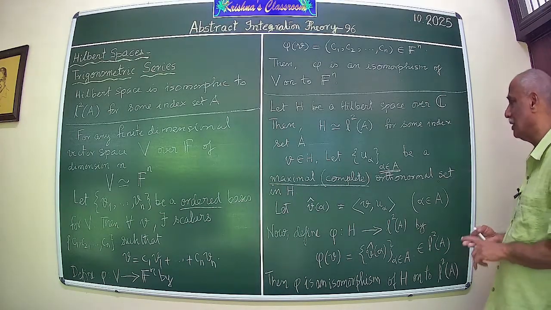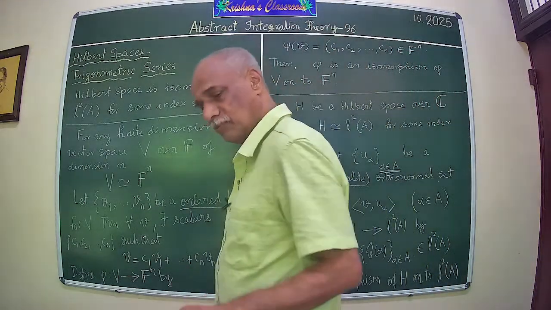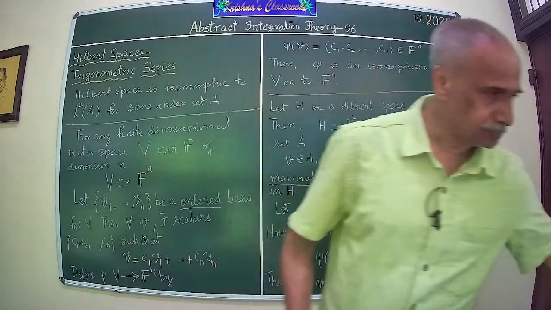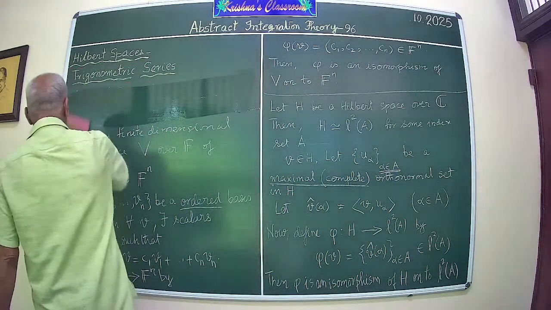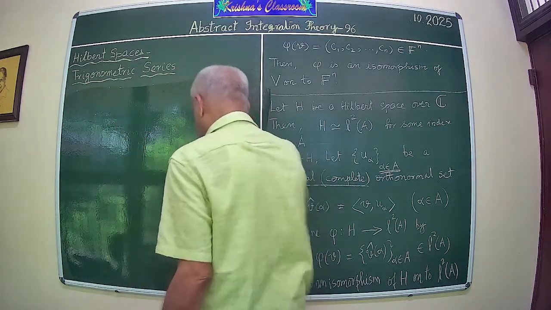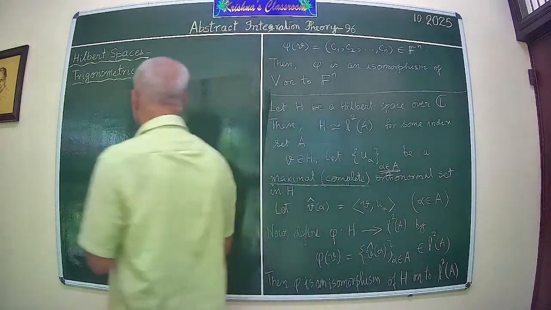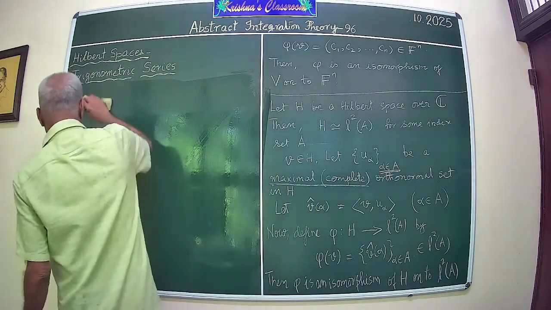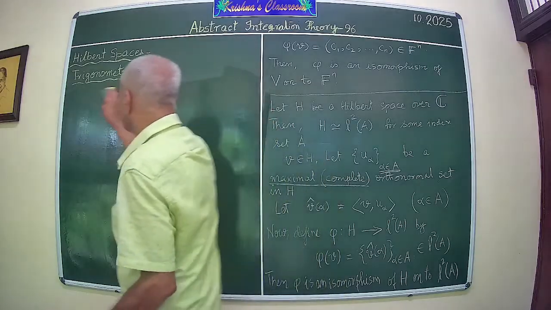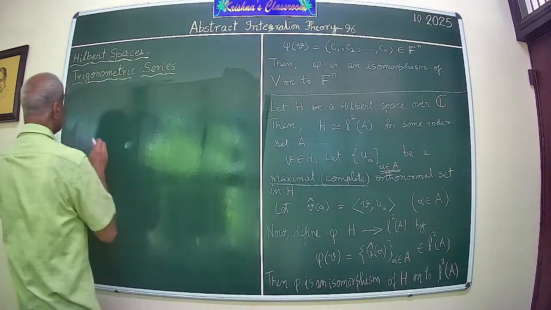This is not essentially causing any problem, because one of the conditions on these scalars is that the summation over alpha of the squared moduli is finite.